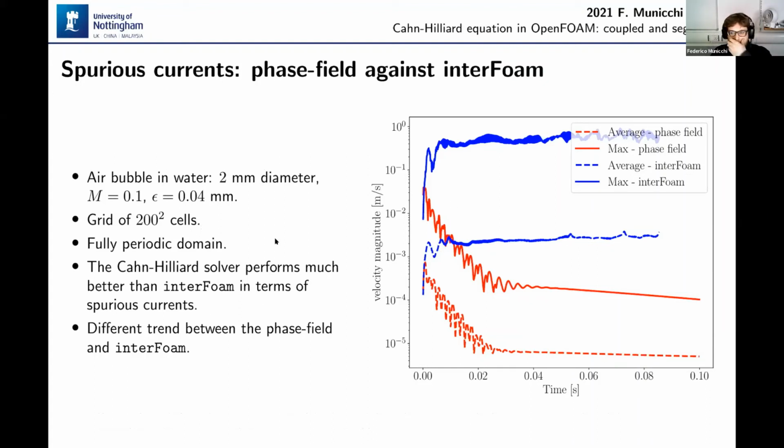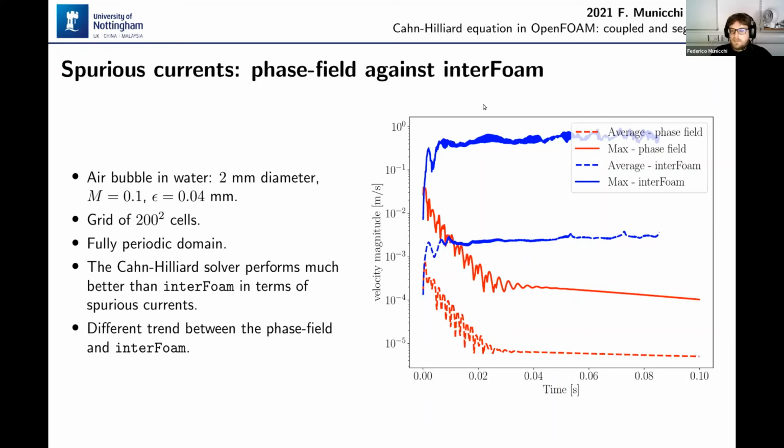So this is another case I was running with Dr. Giustini. It's another kind of bubble, 2 millimeter diameter. You can see that the spurious currents of interFoam are much higher than those from the phase field model, from solving the Cahn-Hilliard equation. The blue is interFoam and the red is the phase field.